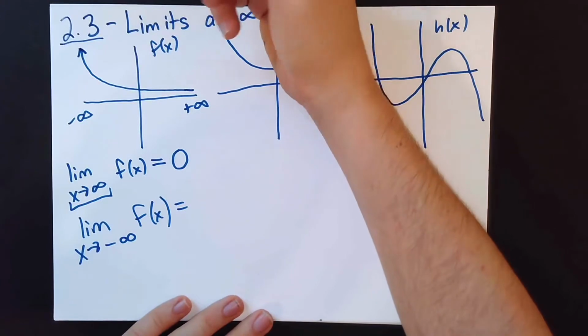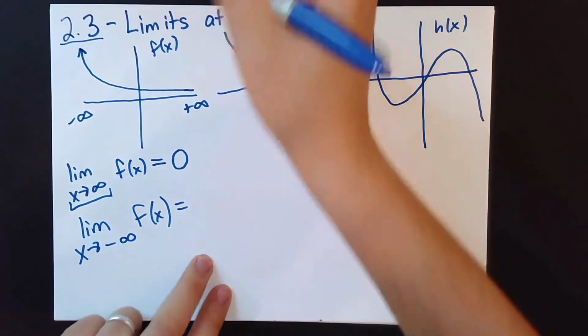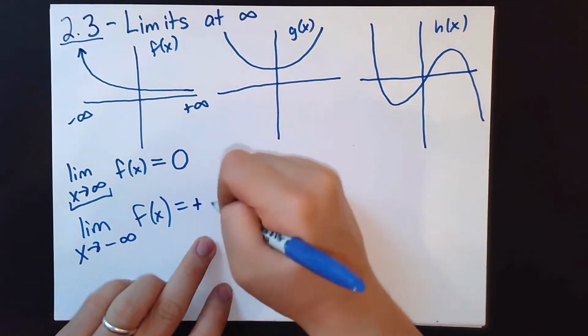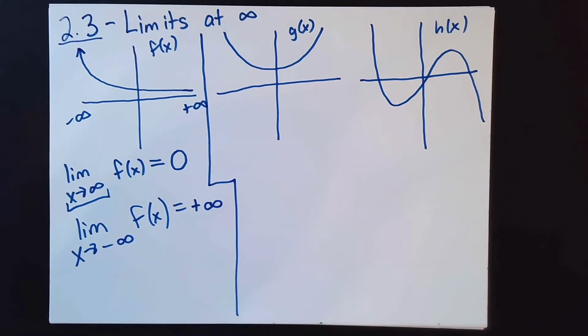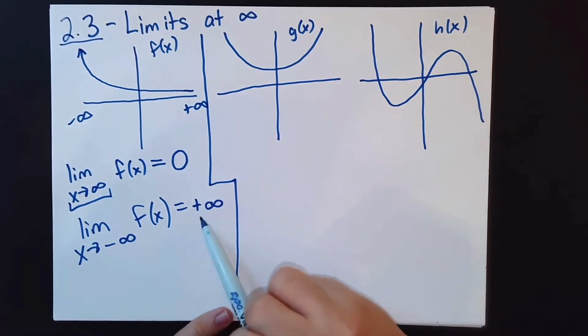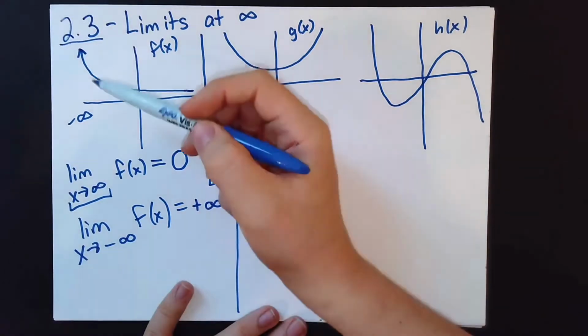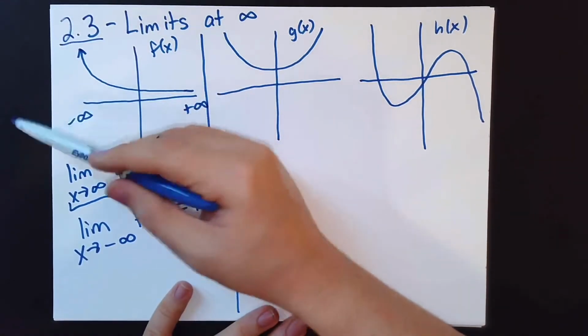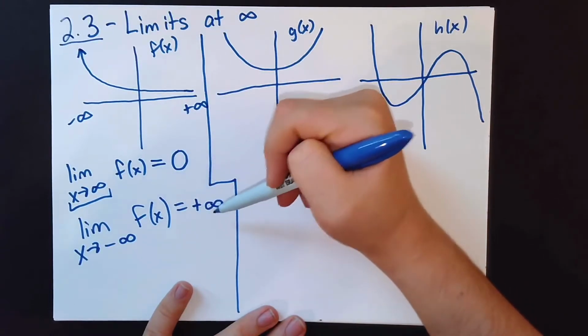And so that means this limit is, we're going to write, plus infinity. So what does this statement mean? It means that for very negative inputs, that is, inputs way in the negative infinity direction, this function's outputs are getting bigger and bigger.